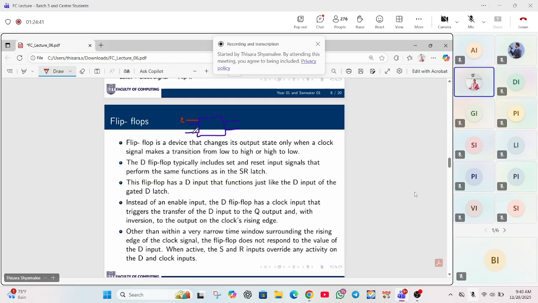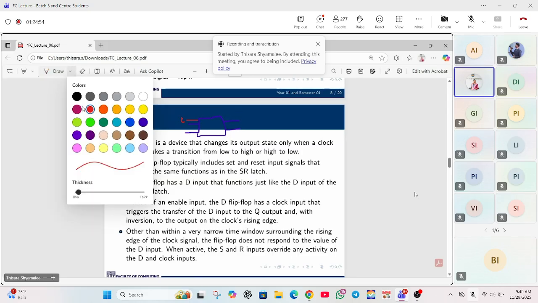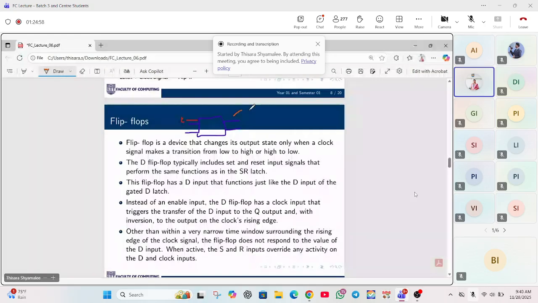The blue ones are the SR, and the top one, the C, belongs to the clock signal. Then this whole circuit becomes a flip-flop.